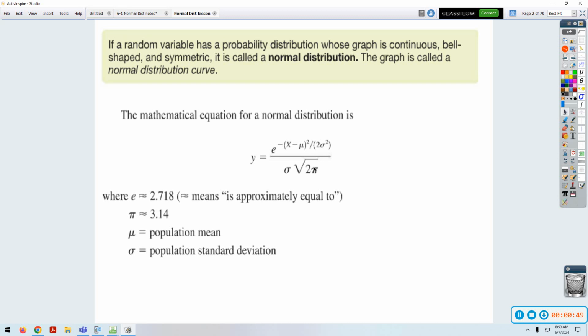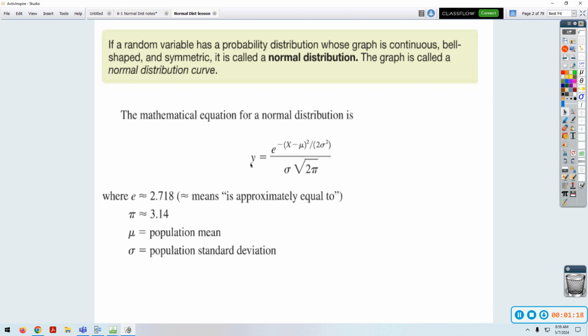We'd have to input a couple of values like e, which is a constant, a never-ending, non-repeating decimal, Euler's number, and we'd also have to input pi, in this case the square root of 2 pi. But that is old school, that is the formula we used to use and still use. It's just that we now have the calculator to help us do all the heavy lifting, as it were.